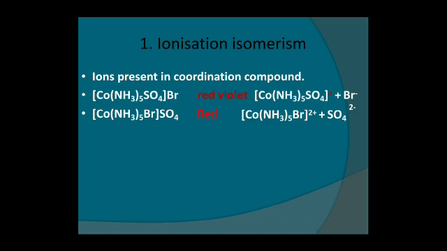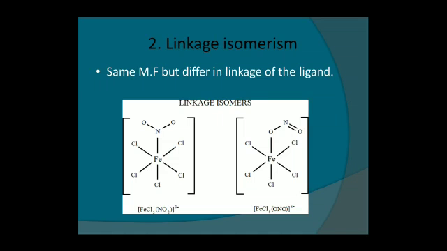This form of isomerism arises when the counter ion in a complex salt is itself a potential ligand and can displace a ligand, which can then become the counter ion. An example is cobalt pentaammine sulfate bromide. In this, it can change the position, and because of the change of position of ligand, the color of the product will change.